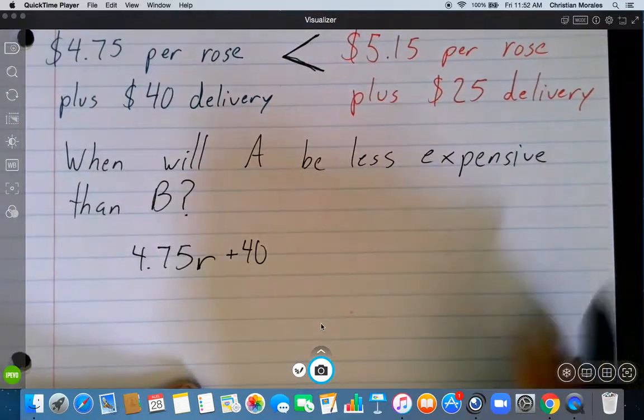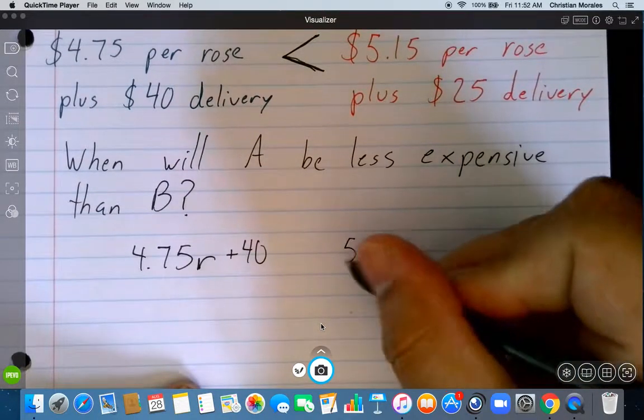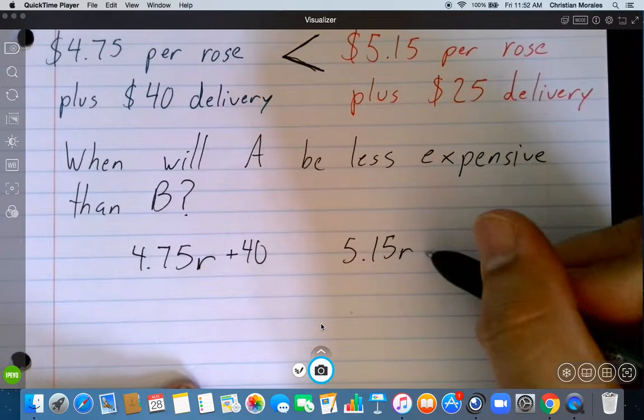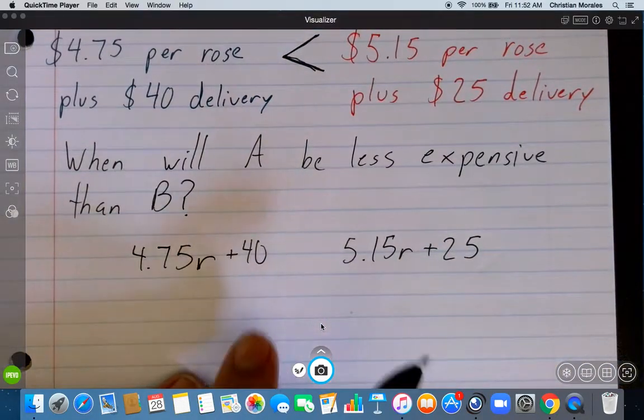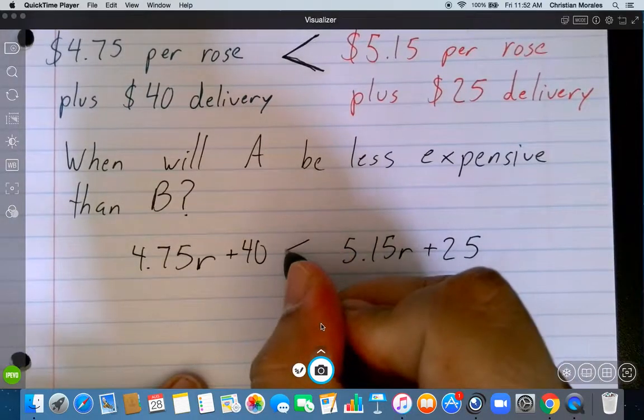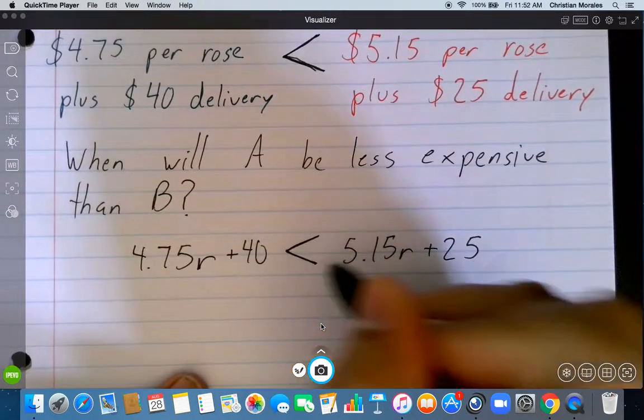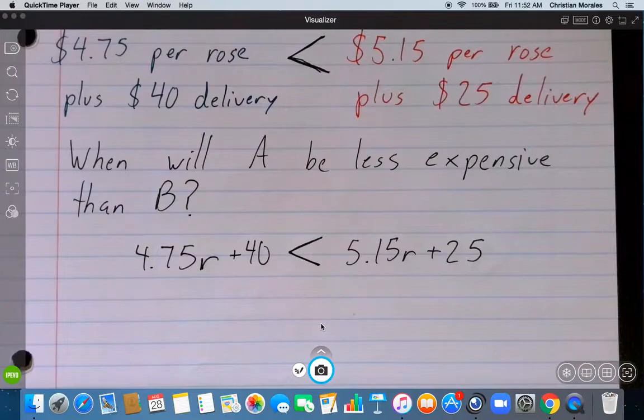Okay. Here, $5.15 per rose plus 25. And I want to know, when is this going to be less expensive, less than this one? That's the question. They want to know when will that be the case. So we're going to solve for R.